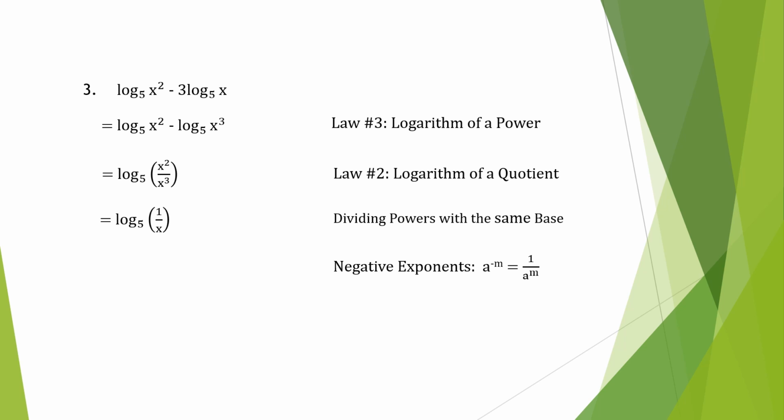We all know that a raised to negative m is equal to 1 over a raised to m. So we can apply this and we will have logarithm base 5 of x raised to negative 1. Finally, we will apply logarithm of a power. So we will have negative logarithm base 5 of x.